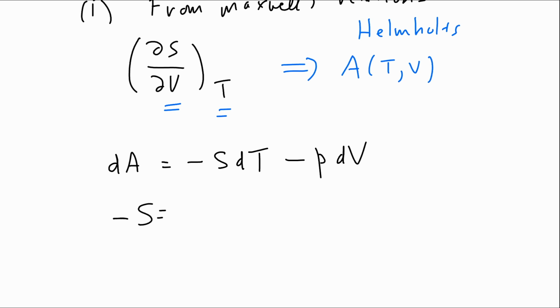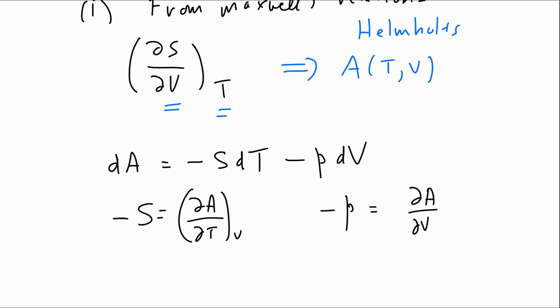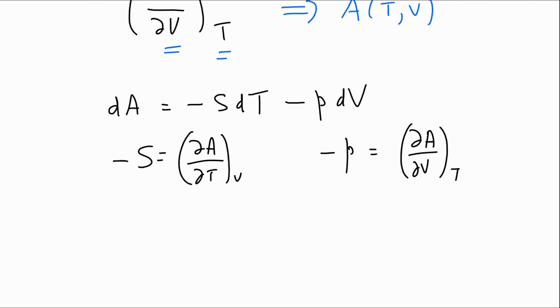It's a matter of style, and I don't really have a good style sense, so I go back and forth. But that's dA dT as a function of V, and minus P is dA dV as a function of T. And so my mixed partials. I don't know yet. I could see it if I look at it, but I'm not sure yet if Maxwell's relations will work. But if they do, this is the place to start.